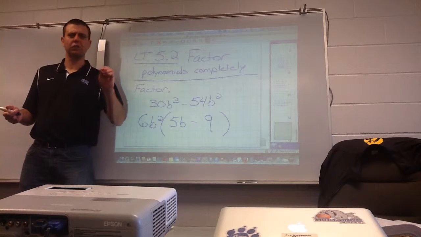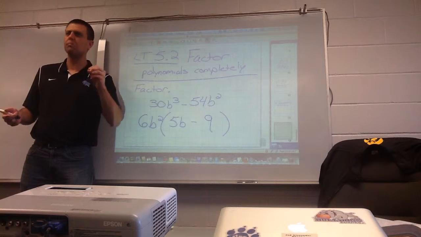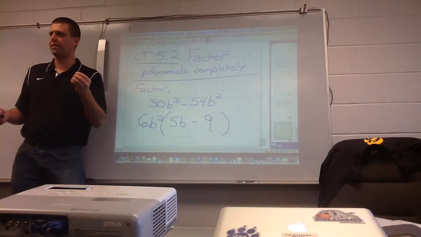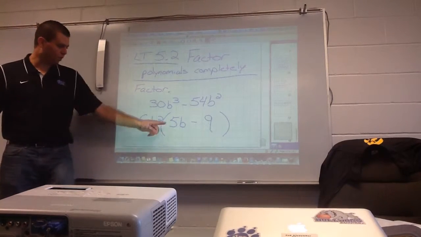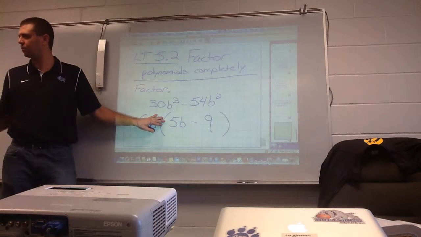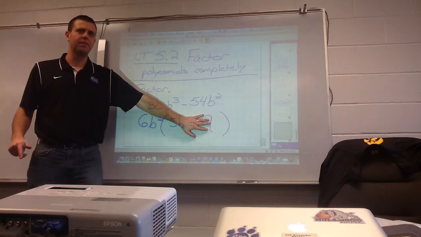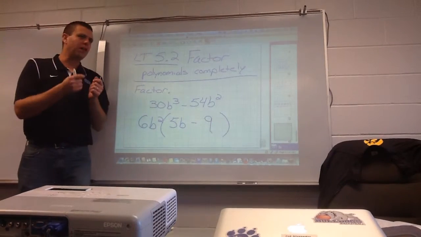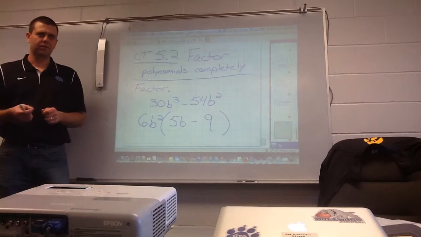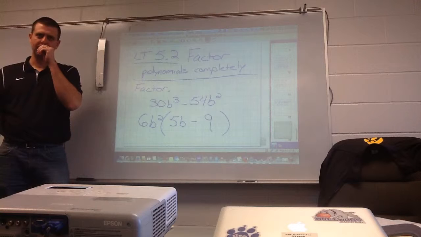Linear, y equals mx plus b. Do I have any exponents on that x? It's just x to the first power, right? So it's a line. If you were to graph y equals 5x minus 9, wouldn't that be a line with a slope of 5? As soon as you get it down to a linear term, there is no way that you could factor it any further, as long as both numbers are not divisible by the same thing.